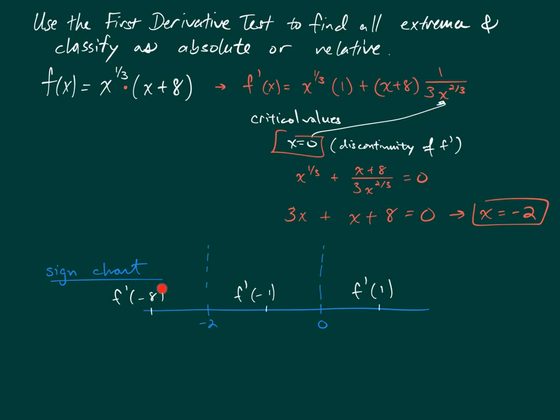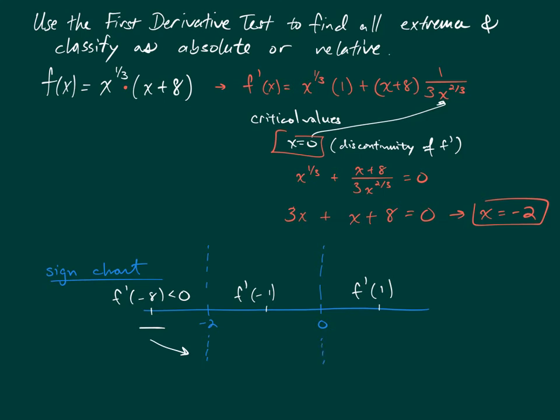So I can take the cube root of -8 and the cube root of 1 and the cube root of -1 very easily. And when I substitute -8 in for x's here in the derivative, f prime of -8, I end up with something that's negative. So it's decreasing between -infinity and -2.